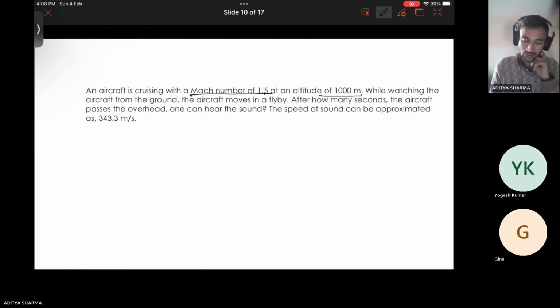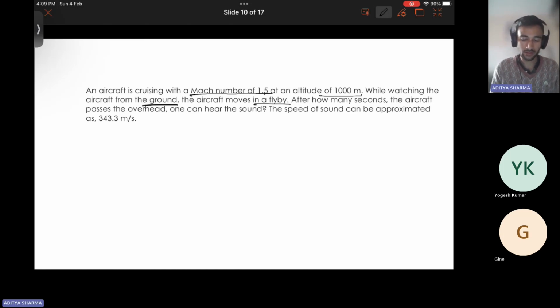All right. So while watching the aircraft from the ground, the aircraft moves in a flyby. After how many seconds from the aircraft passing overhead can one hear the sound?